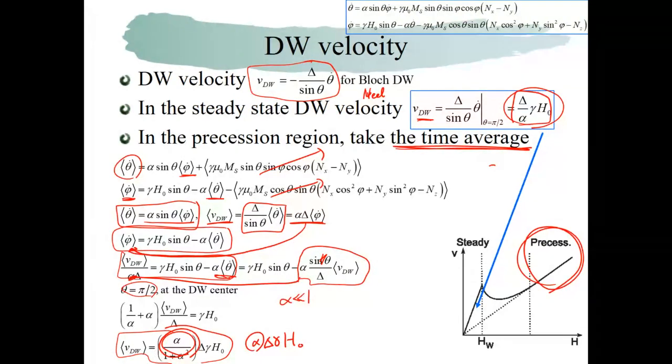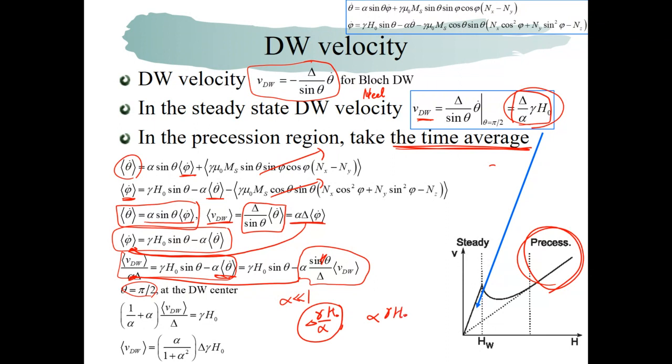So alpha is in the denominator. This term gives just alpha. So in the precession region, the velocity is given by this form. Sorry, this is the steady motion, and for the precession motion, we have this form.